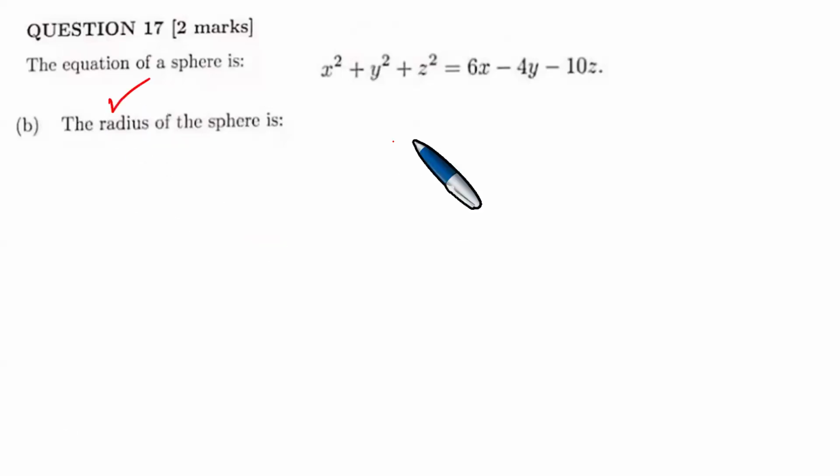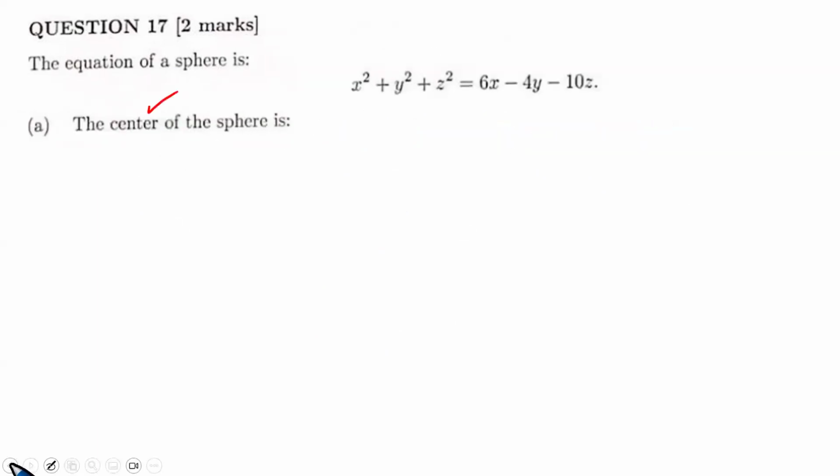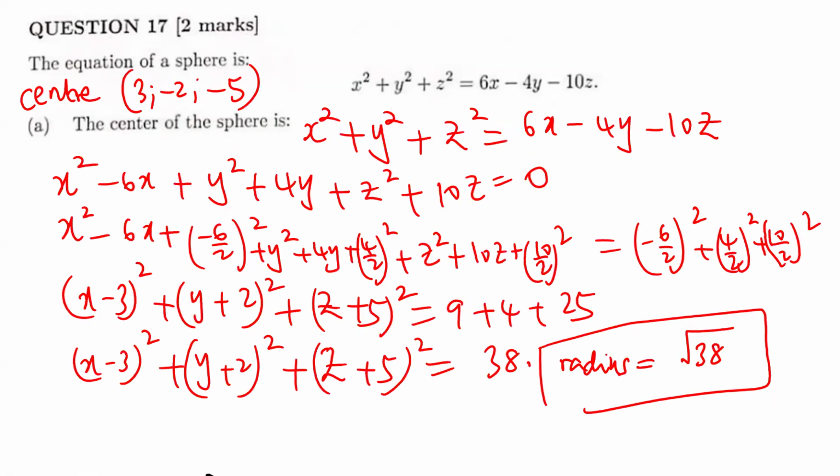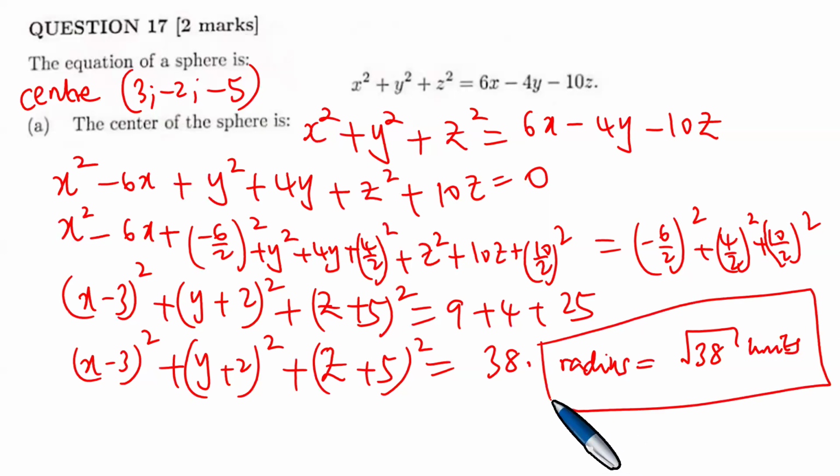And in this question, you also mentioned the radius, and the radius is equal to the square root of 38 units. So in other words, that is what we have: the square root of 38 units.